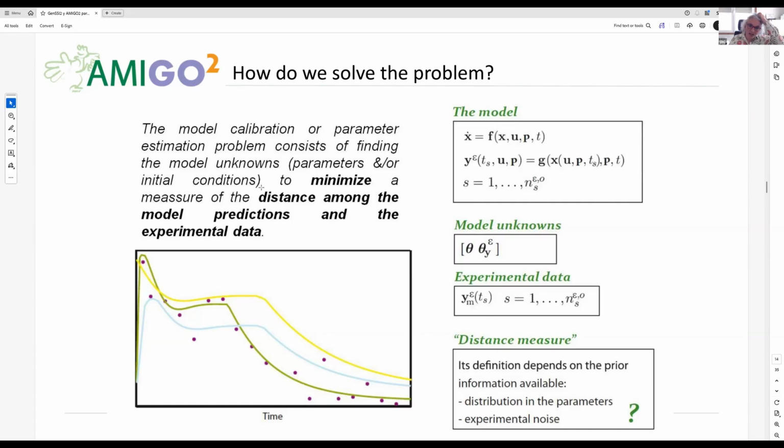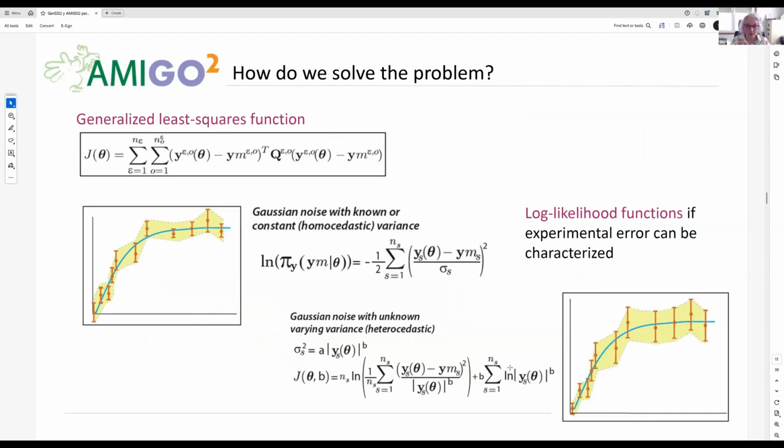So basically, the idea is to minimize the distance between the model predictions and the experimental data by allowing these unknown parameter values to change. So we have the model unknowns, we have the experimental data already, but we need a distance measure. AMIGO allows for the definition of several distance measures. The standard is the generalized least squares function. Even within the least squares function, we have several possibilities to define the weighting matrix.